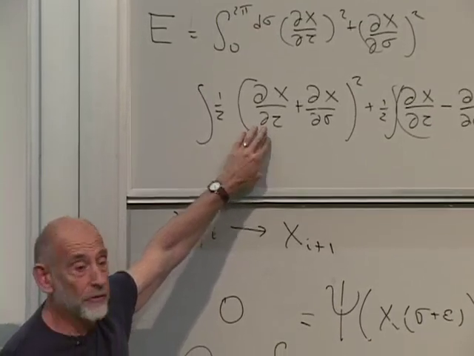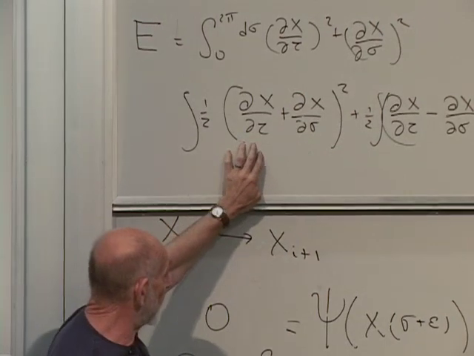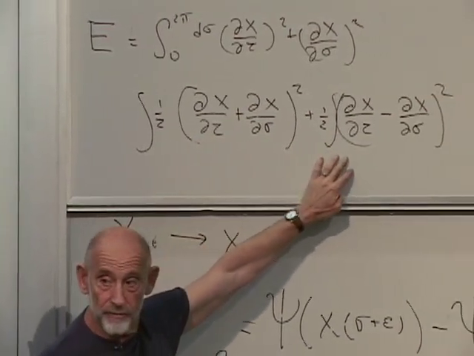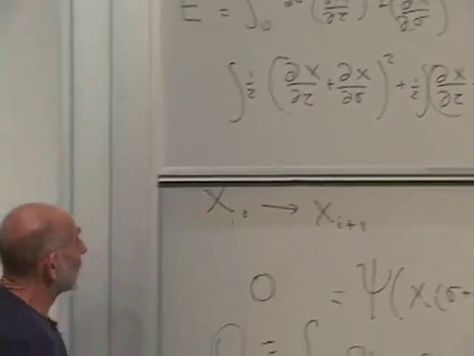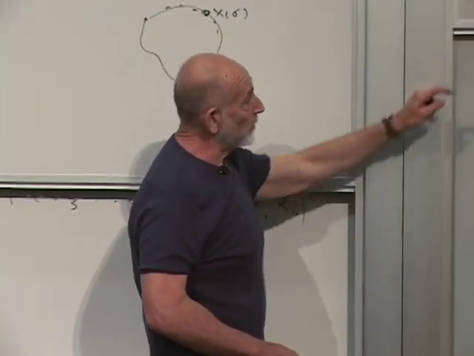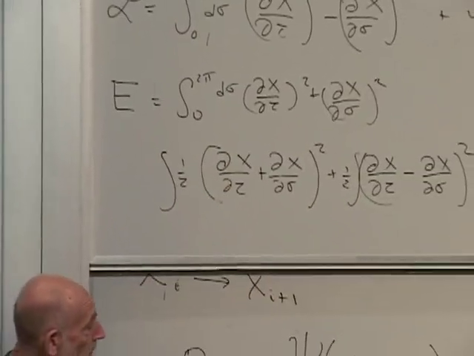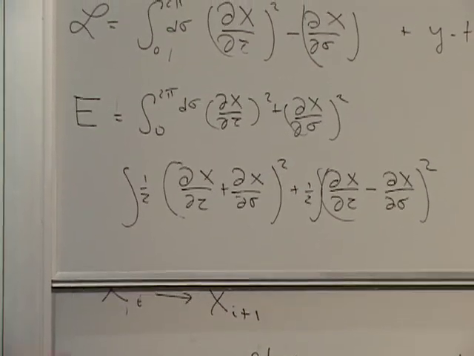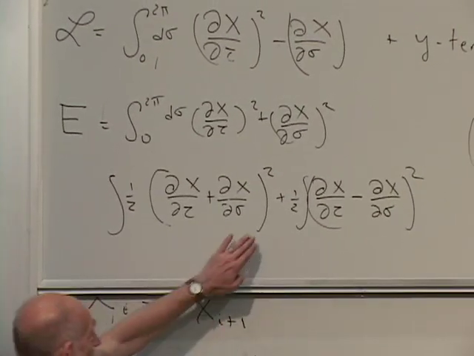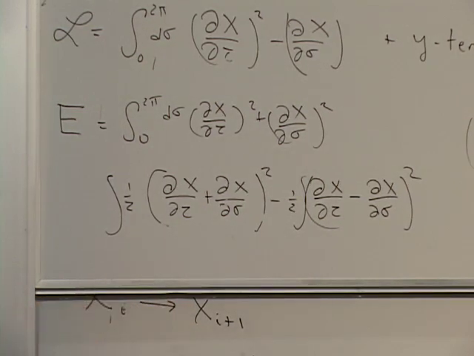The left moving energy and the right moving energy. The sum of the left moving energy and the right moving energy is just the energy. What about the difference of the left moving energy and the right moving energy? What's left over when you take the difference? Instead of the sum, let's take the difference. What's left?